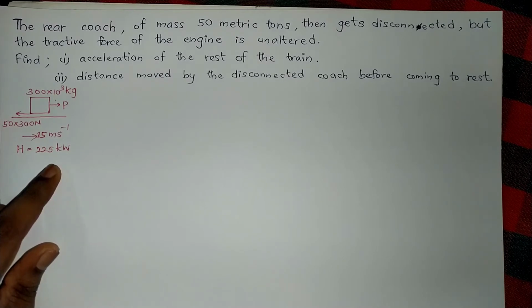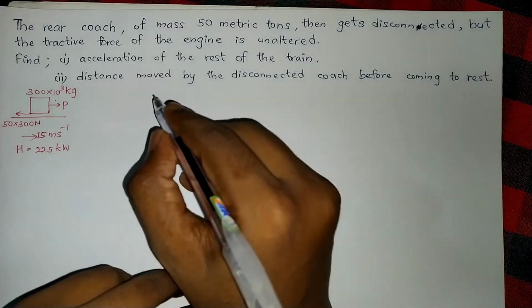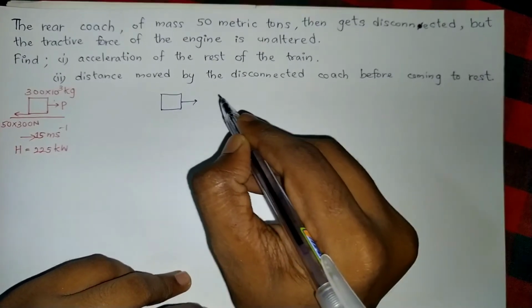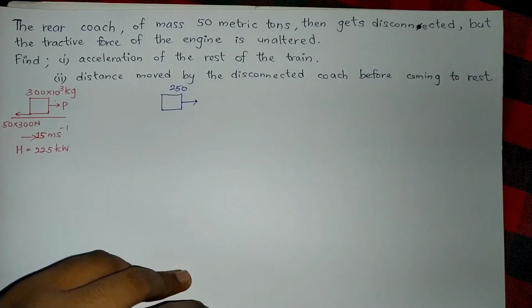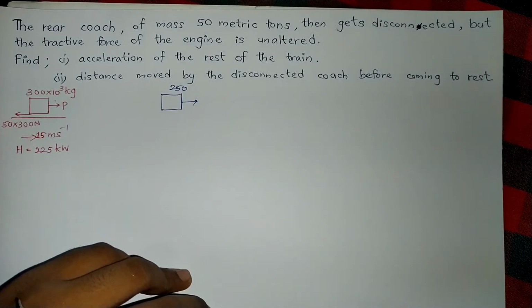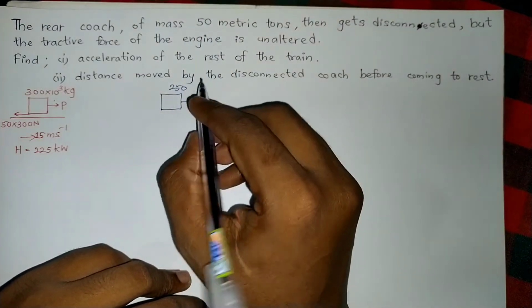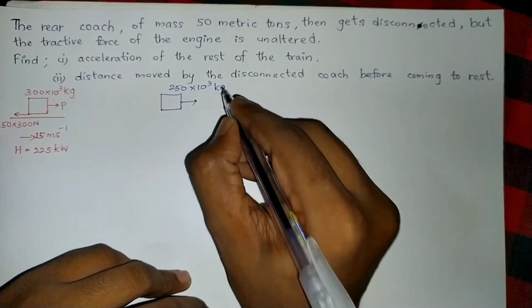Now its rear coach of mass 50 metric tons got disconnected. Now the new mass dragged by the engine is 250. Earlier the total mass was 300. 300 minus 50, the disconnected mass, is 250 times 10 to the power 3 kilogram.